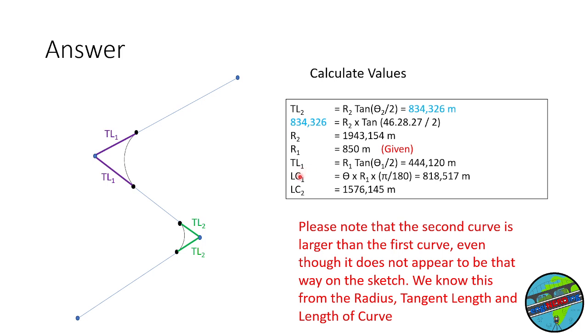Alright, now the length of curve has a formula of theta times the radius times pi divided by 180, because we have it for radians. So the length of curve, we have our deflection, we have our radius, and pi is a constant, so we can get our length of curve for 1. Now the length of curve is this length over here.